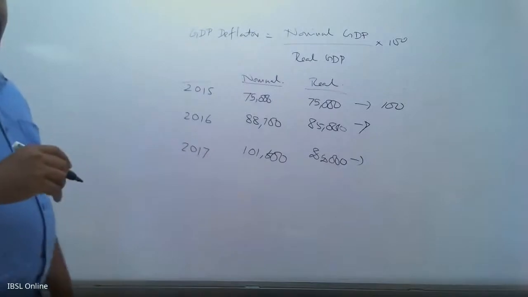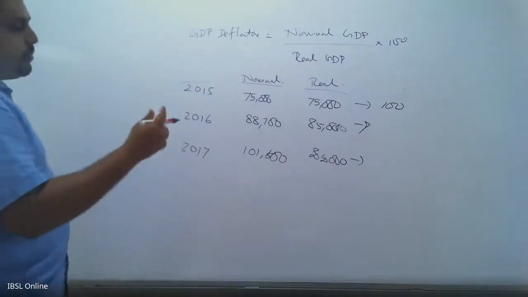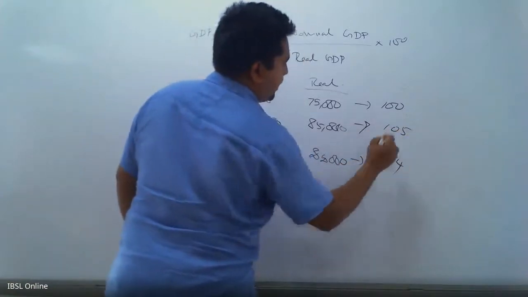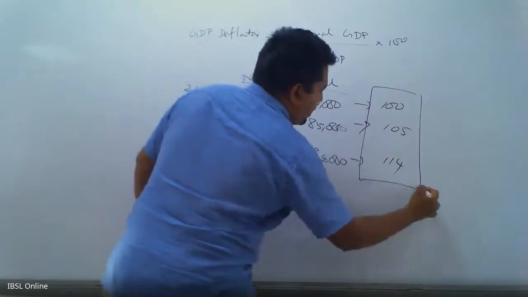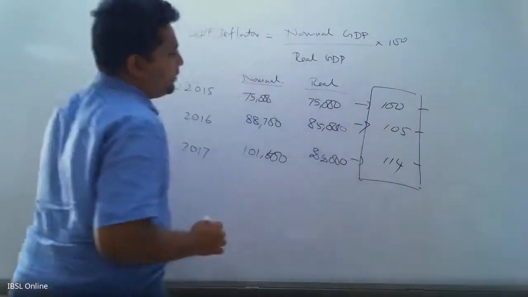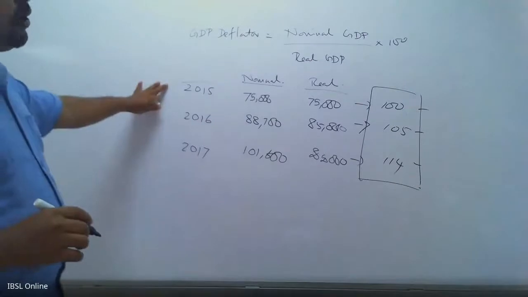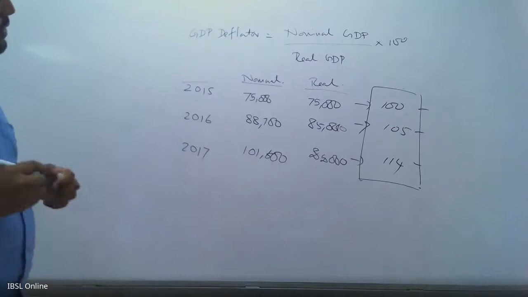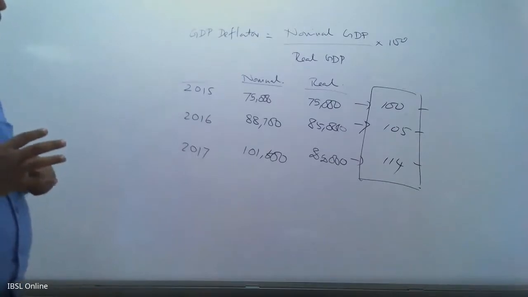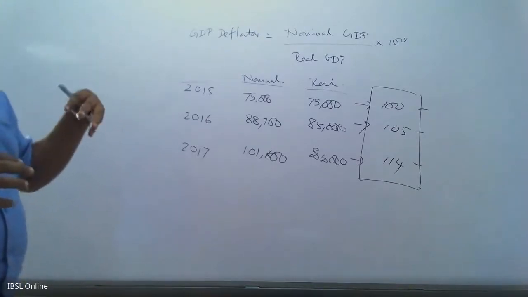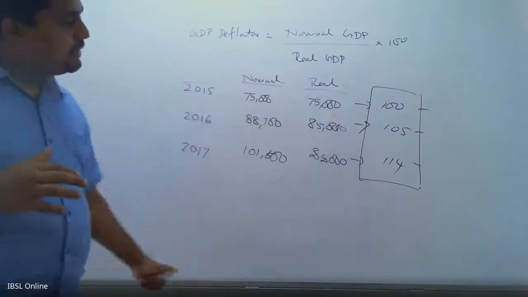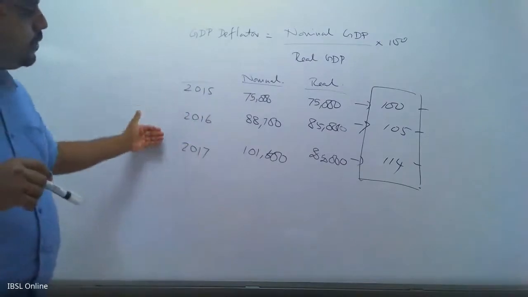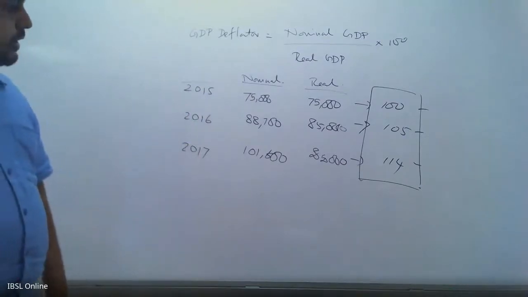So all I'm doing is taking some hypothetical values here. Now these are the values from a comparison point of view of 2015 to the next couple of points, where I'm going to say, okay, the economy has inflated or deflated by 5%, by 14%, or by any other number compared to the one base year that you're going to define.